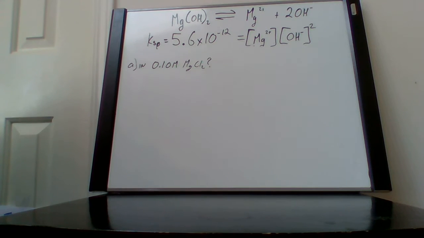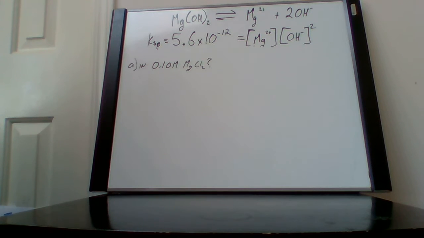Now, after we found the solubility of magnesium hydroxide in pure water, we can take a look at what happens if we put this into a magnesium chloride solution of 0.1 molar.